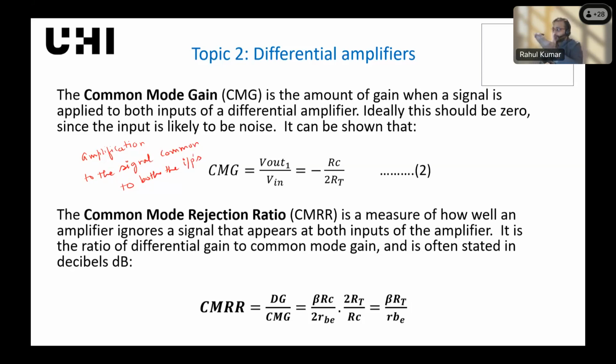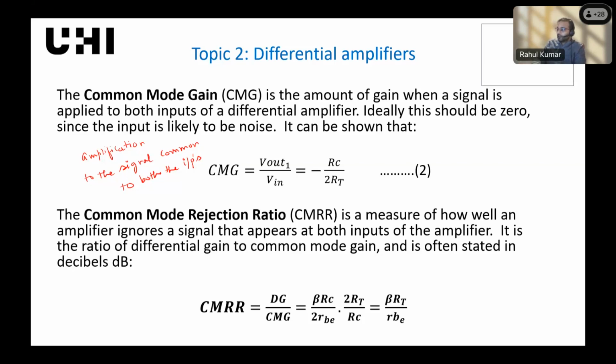Okay, this is a differential amplifier. We want to amplify the difference between the two input signals, right? And if you get amplification for a common signal, common between both the inputs, if your amplifier is amplifying it, it's undesired. We don't want that. Okay. So common mode gain should be as low as possible, right?